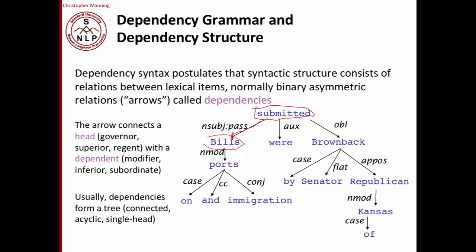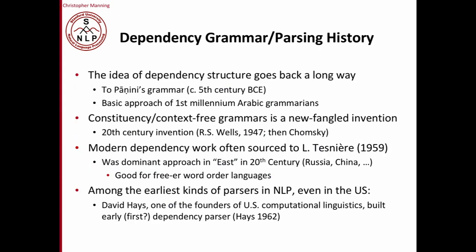The notation was different, but essentially the mechanism he used for describing the structure of Sanskrit was dependencies, working out what are arguments and modifiers of what, relationships like we've been looking at. And indeed, if you look at the history of humankind, most attempts to understand the structure of human languages are essentially dependency grammars.